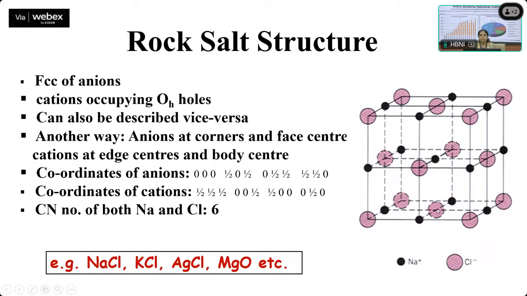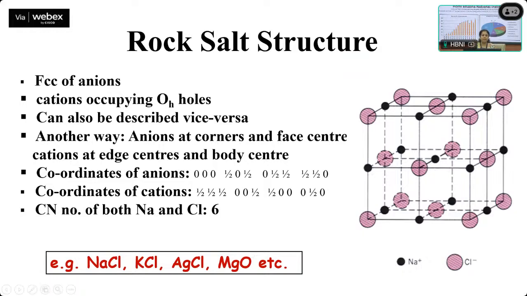So what will be the lattice point of this particular anion that lies at this face center? It is half, half, 0, okay? And then what about this? This is half, 0, half, and this particular one is 0, half, half. Okay, so this is how you define the lattice points.